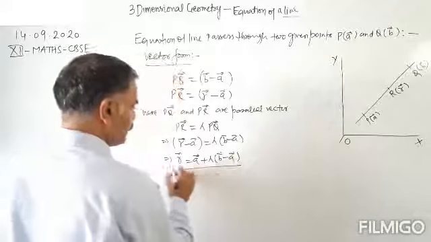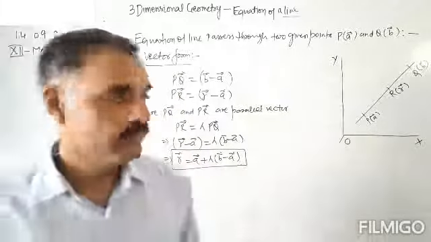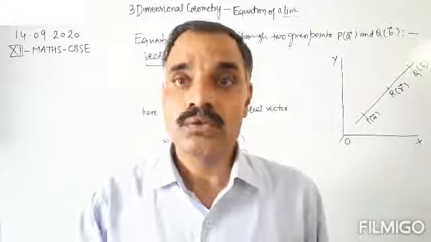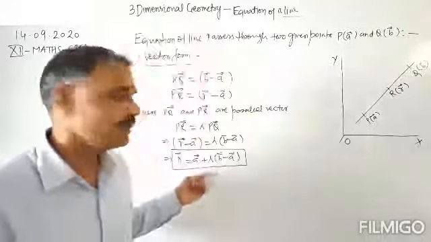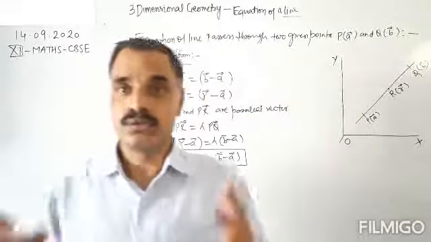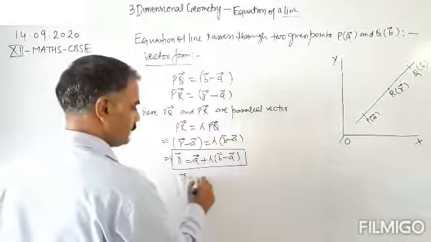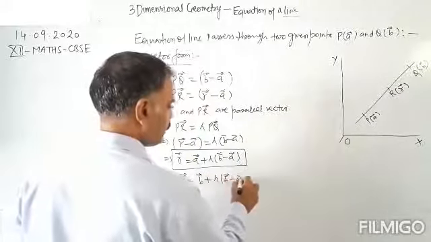This is the equation of a line passing through 2 points, P whose position vector is a vector, and Q whose position vector is b vector. This can also be written as r vector equals b vector plus lambda times b vector minus a vector.